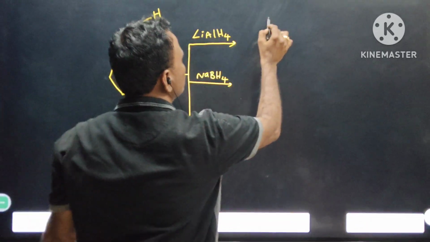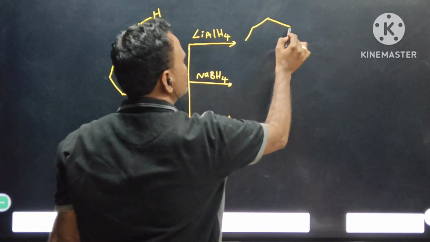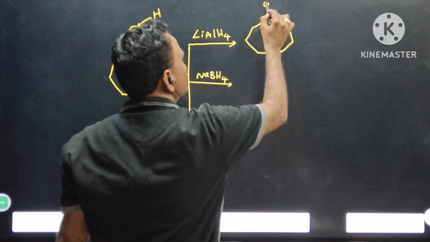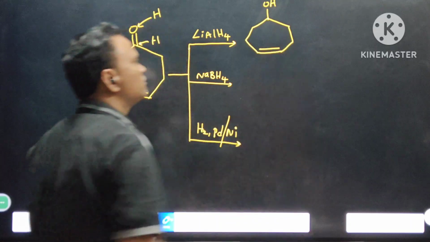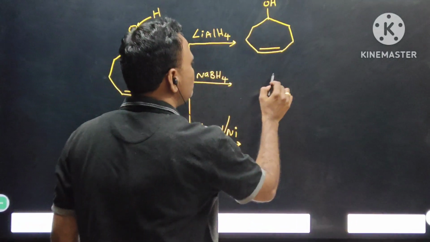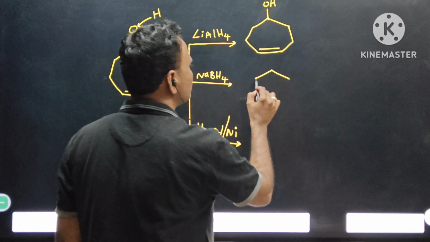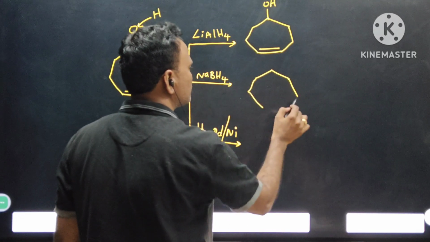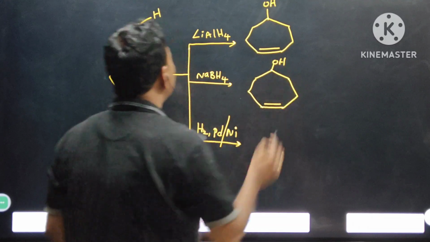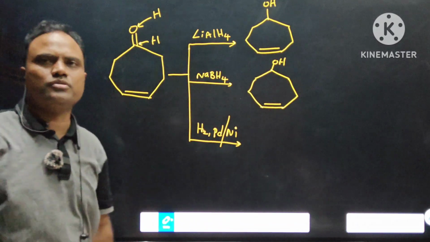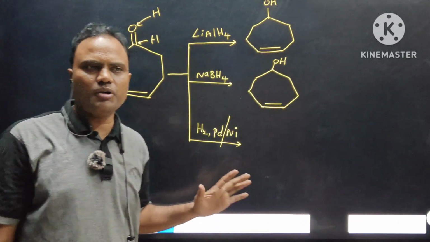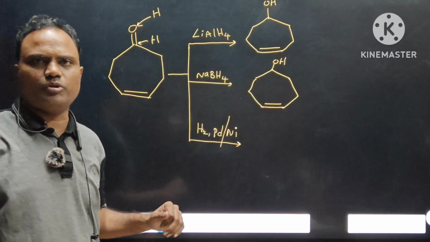So what is the product here? OH, the double bond will remain. Very important example. Here also, the double bond will remain. Only the carbonyl group will be reduced. I gave one note, correct? Lithium aluminum hydride does not reduce double bond.